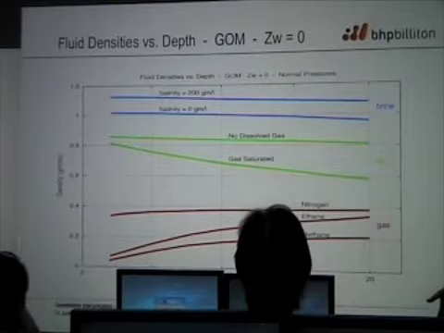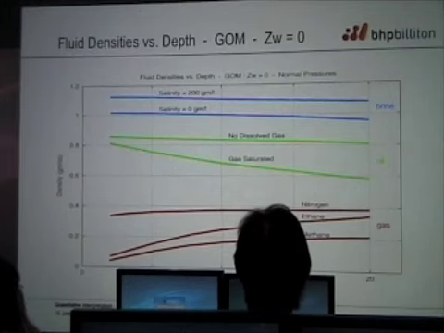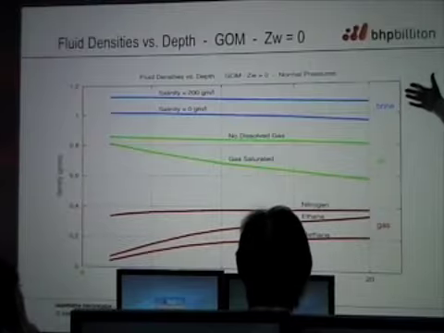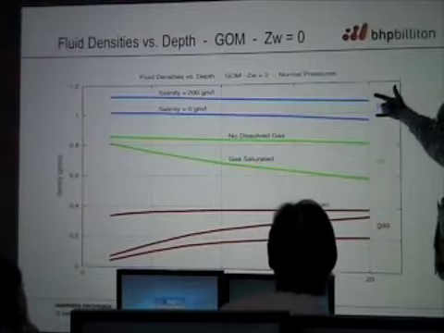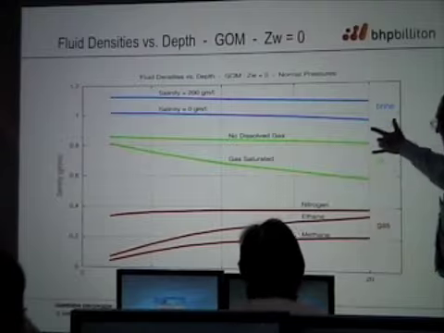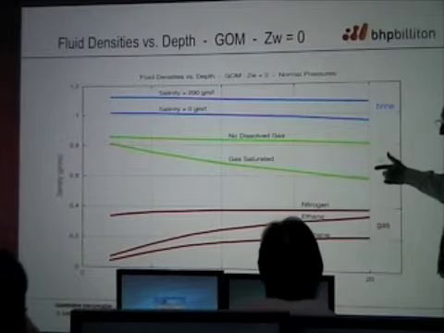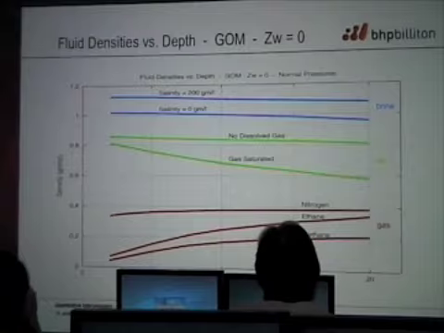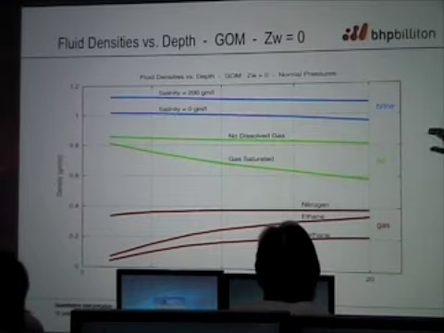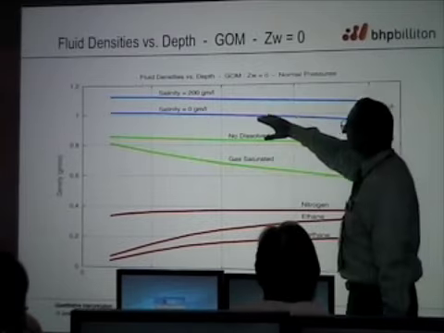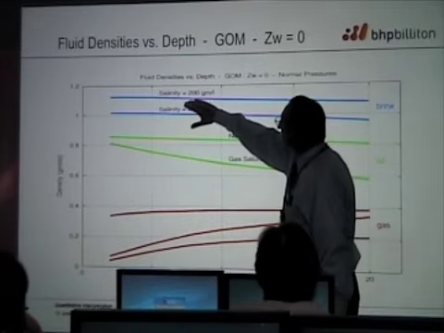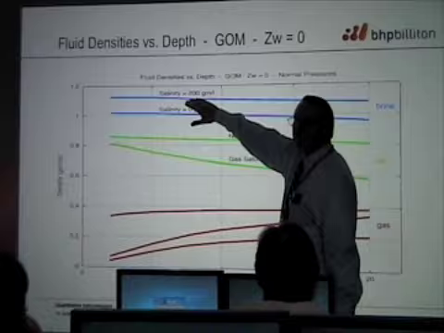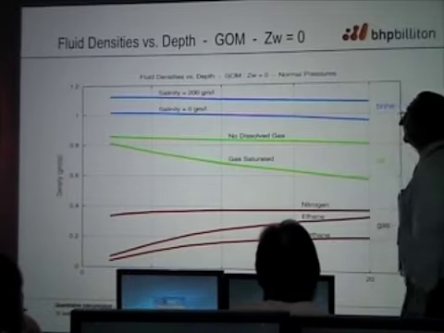The temperature increases, the pressure increases, and depending upon what you have, in this case we have brine, oil, gas. So we use different colors for the different fluids, so you get some idea of that. And in the case of brine, we have fresh water all the way up to saturation of sodium chloride.